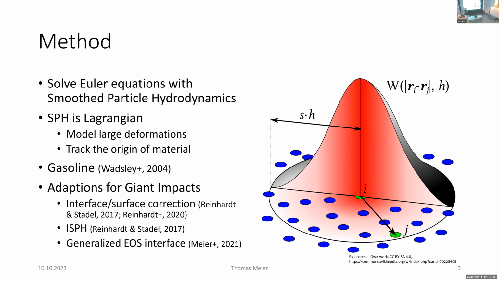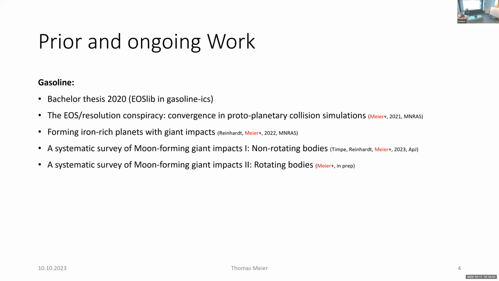during my bachelor thesis, I added a generalized equation of state interface that allows us to use all types of equation of state that we want. And this is essentially our path to our decision that we need a new code to be able to continue with this work.